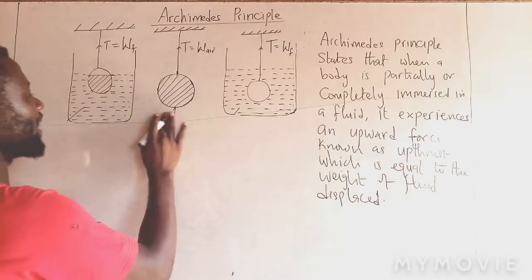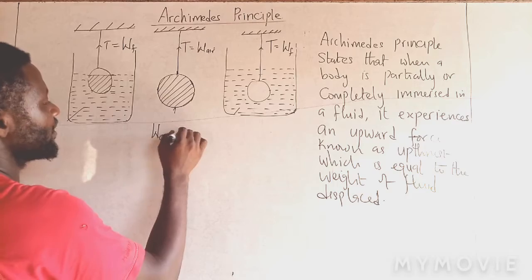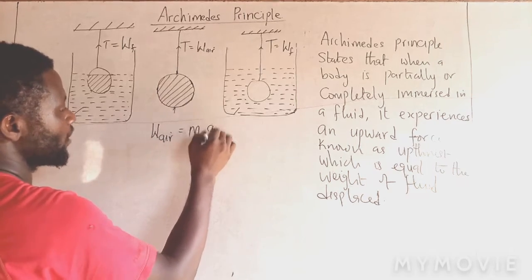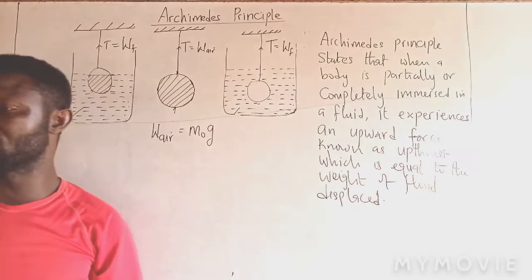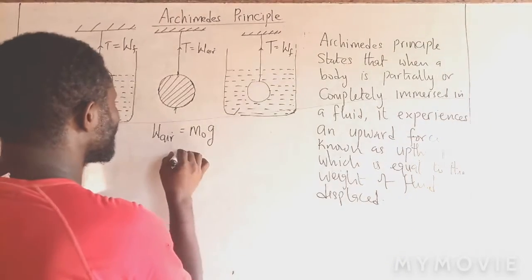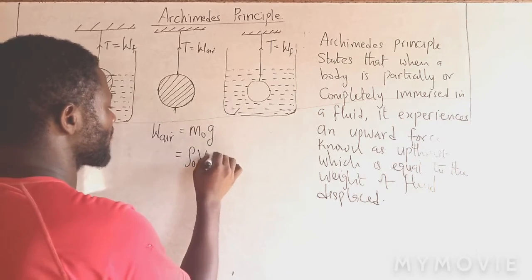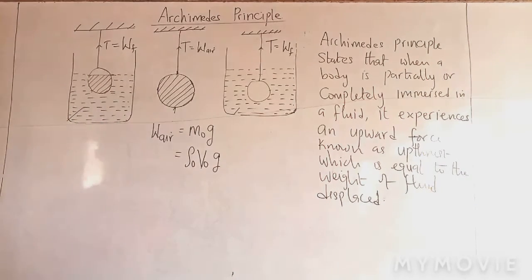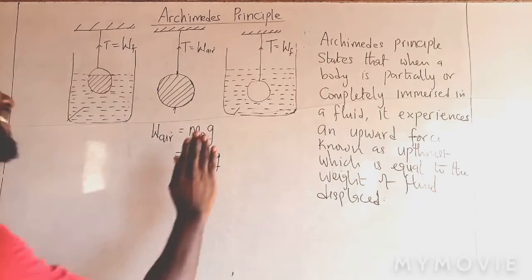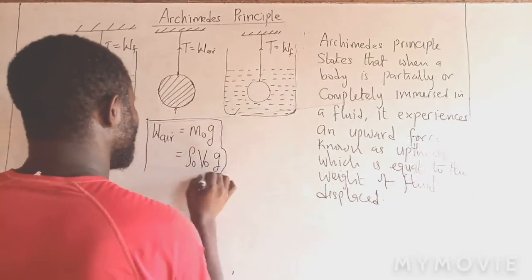The weight of the object in air is equal to mass of object multiplied by acceleration due to gravity, and this equals density of object times volume of object multiplied by acceleration due to gravity.